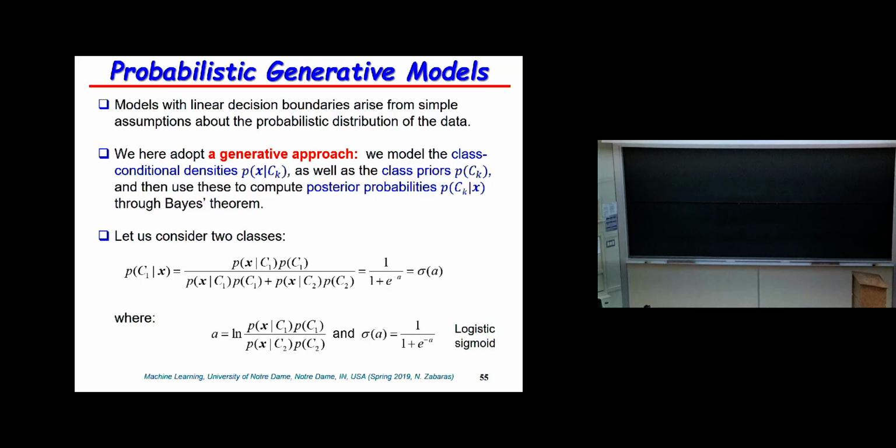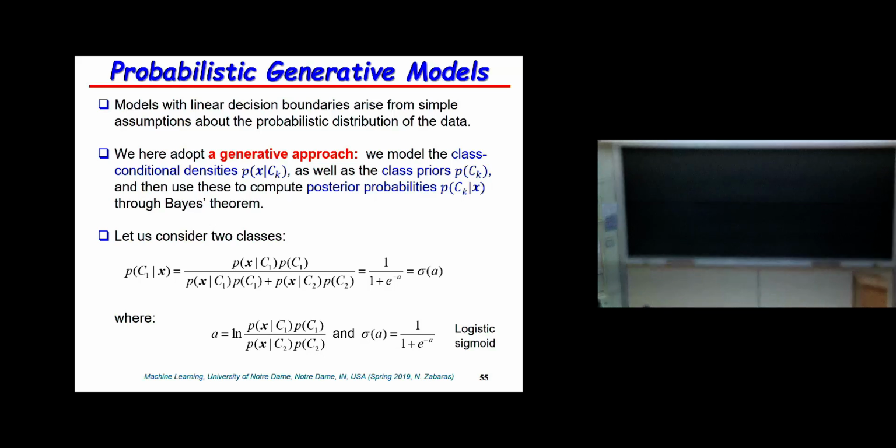So for each class, compute P of X, come up with some prior models for each class, and then, this is very important, compute the posterior probabilities through Bayes' rule. Because we said that another way of doing this is to go directly and postulate a model for the posterior probabilities, but here what we're going to do is start with a model for P of X given Ck, start with the priors, and use Bayes' rule as you see in the equation on the bottom.